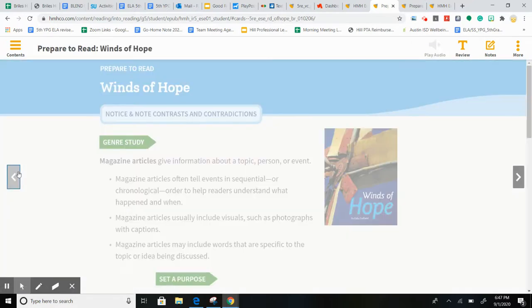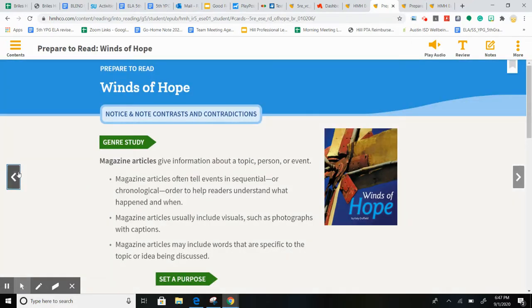So I'm going to go back to this pre-read page that you can start on the regular story. This Winds of Hope was originally a magazine article, but it's based off of a book, a really much larger book, and it's a true story.